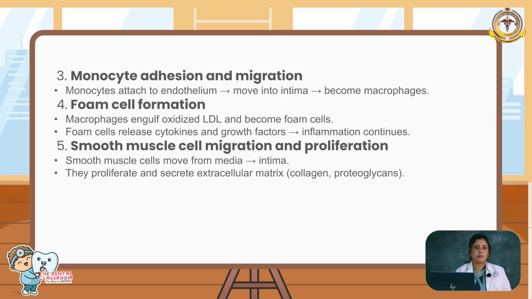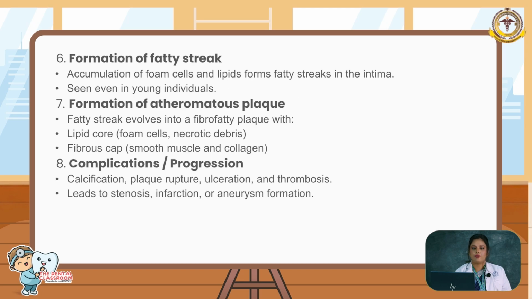How do they do it? By secreting cytokines. What are these cytokines? They are inflammatory mediators. So, in this process, there is foam cell formation, smooth muscle migration and proliferation that has happened. So, all these together form a fatty streak. This fatty streak later evolves into a fibrofatty plaque.